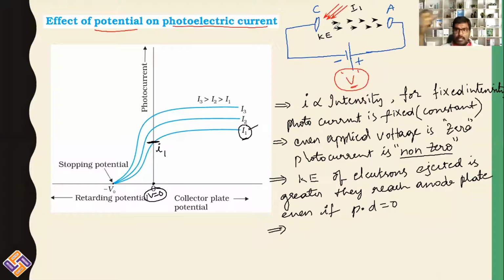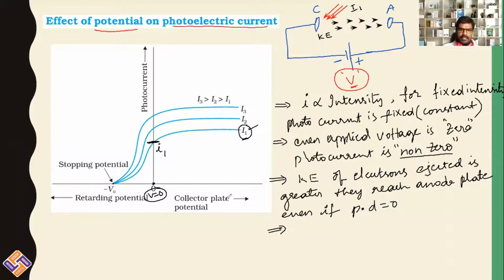In order to pull those electrons which are coming towards the anode with less kinetic energy, you need to provide some potential difference to the anode with the positive terminal. Therefore, if you provide some voltage to the anode plate, those residual electrons remaining between cathode and anode are pulled by the anode. As a result, photocurrent slightly increases in the circuit.